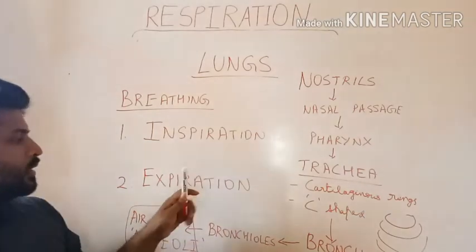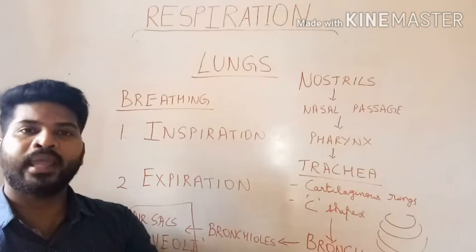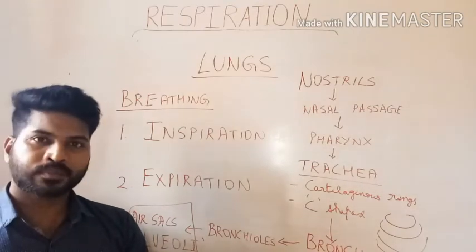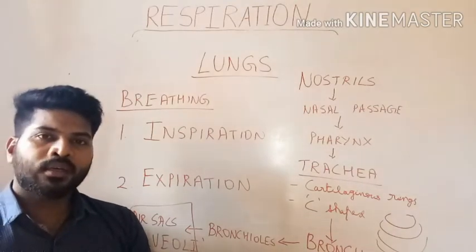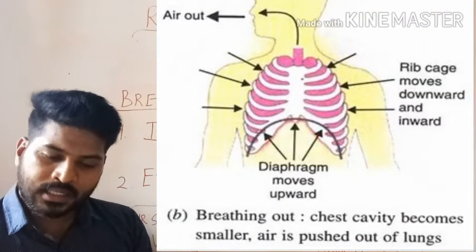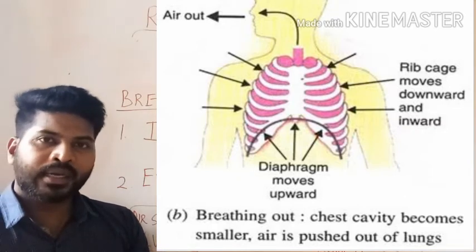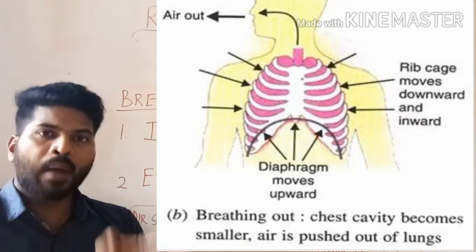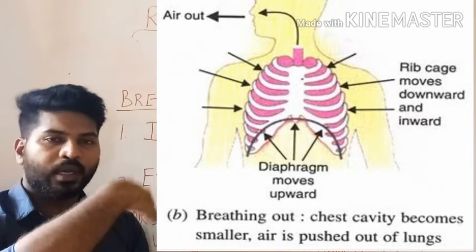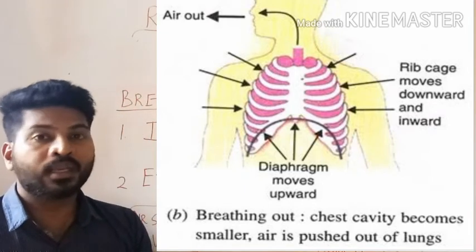In the second step, that is expiration or exhaling the air out, what happens? The rib cage will now move downwards and inwards, and the diaphragm is pushed up, so it will once again become concave, because of which the volume inside will decrease.